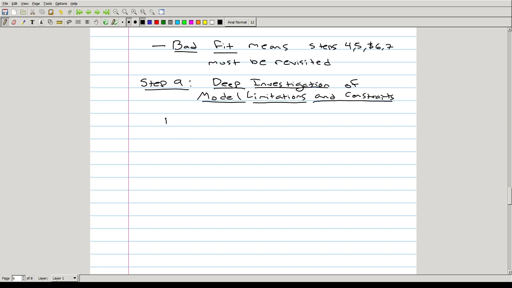But for example, Newtonian mechanics can definitely not be used to predict motion close to the speed of light.